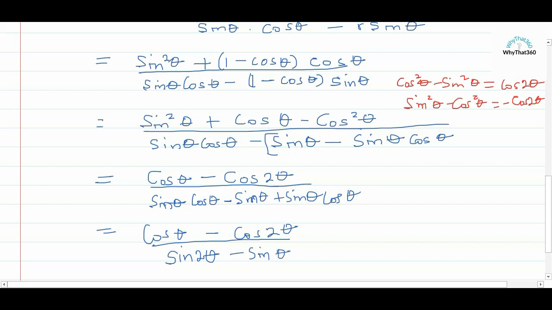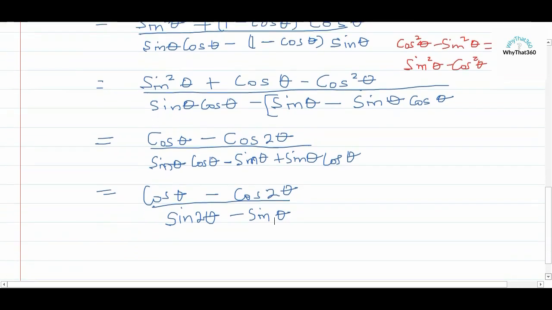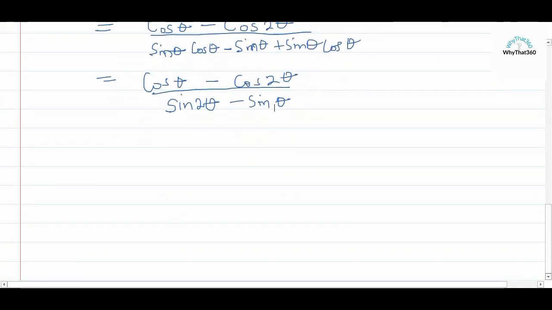At this point, we can plug in the value of theta, which was given in the question, because this equation here is the gradient function. So we know theta was given to be pi over 2.